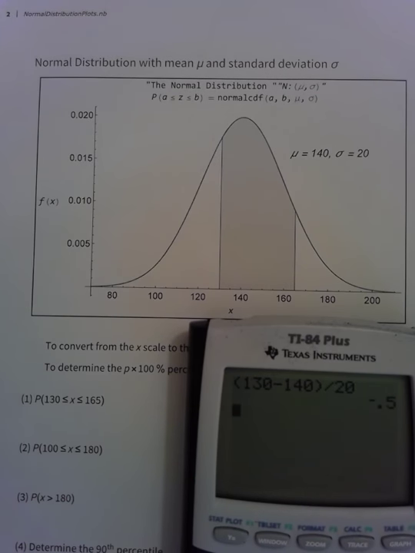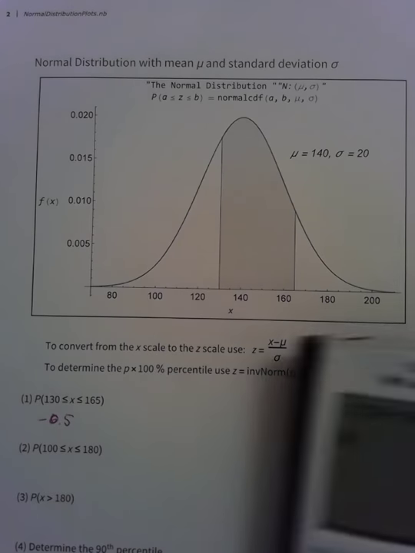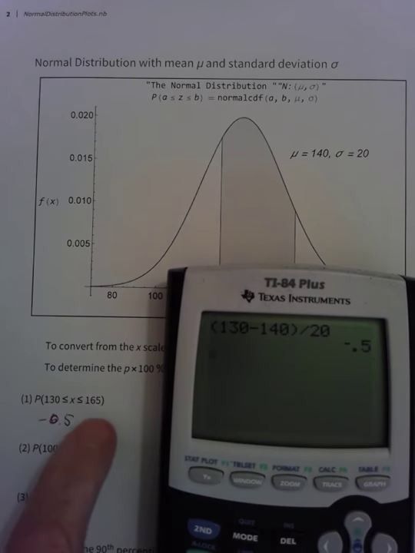And it says that this value lies at minus 0.5, or half a standard deviation below the mean. And then I can convert the 165 in the same way, from the x scale to the z scale.